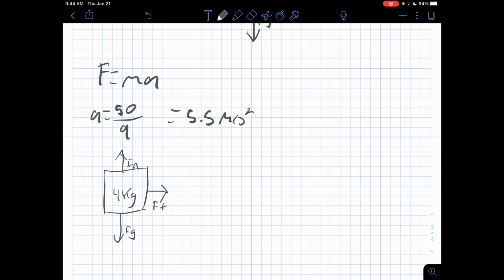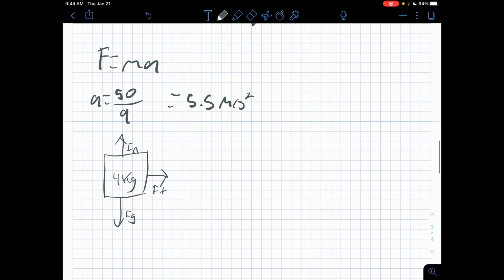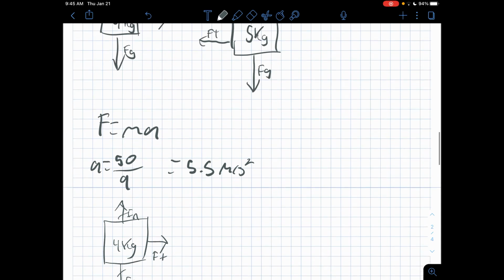So what's the F net of this block? Well, we know that the force of gravity and the normal force are going to cancel each other out, so that equals 0, which means we're left with the force tension. So the F net of this box is the tension force.